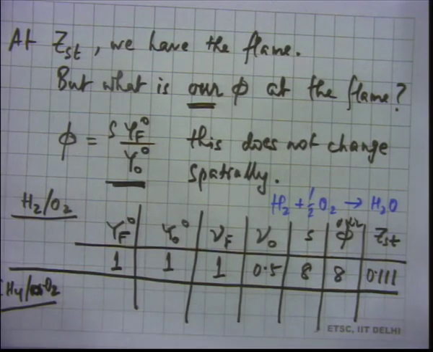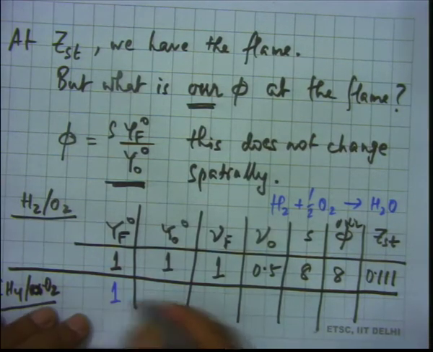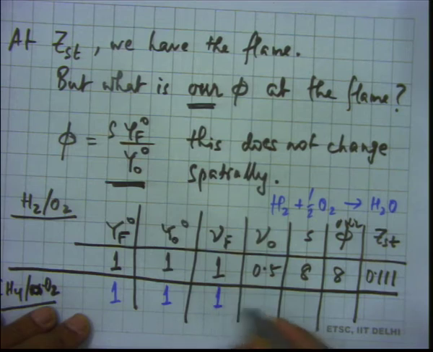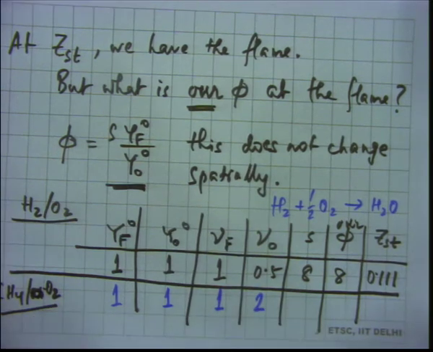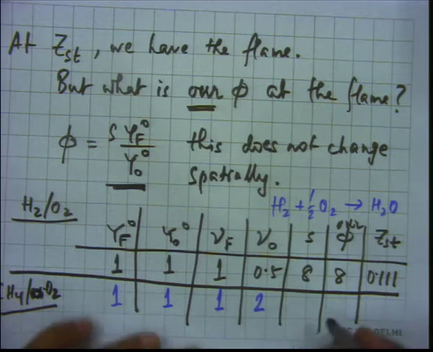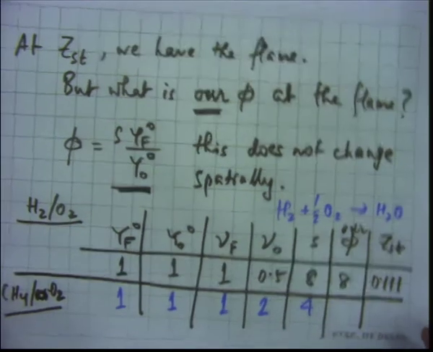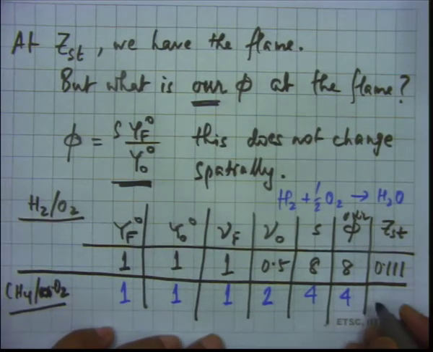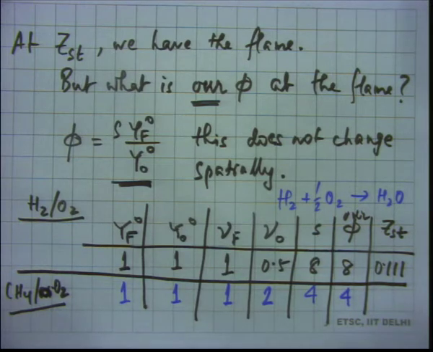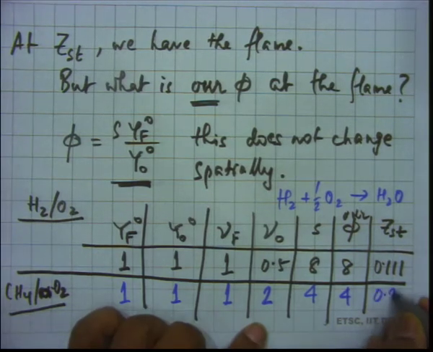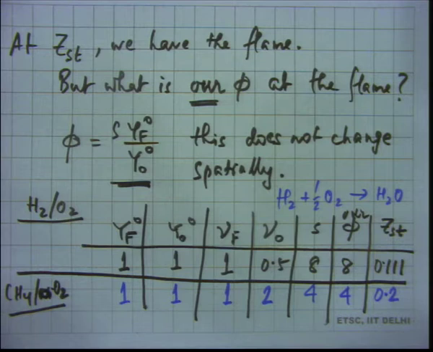So, for CH4 O2, this is 1, 1, 1, 2 here, 2 for oxygen, this is 4, and phi will also be 4, and Z stoichiometric will be 0.2. So, 1 over 1 plus 4, which is 1 over 5. So, that is equal to 0.2. All right.